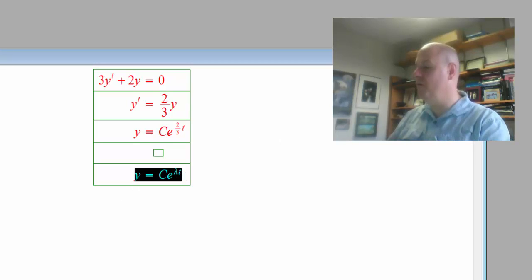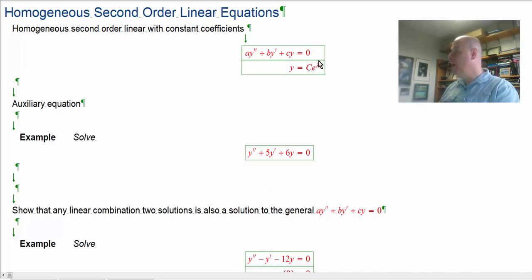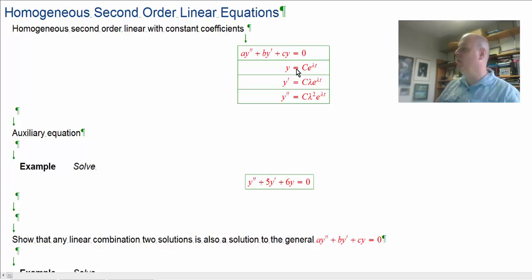that solutions are of this form, and go back to our second order linear constant coefficient equation. If I propose solutions of this form, I can sub this into the left hand side, and in order to do that I'm going to need y prime. If I'm going to sub this solution into the left hand side and make it equal to 0, I can figure out what c and lambda have to be so that that form is a solution.